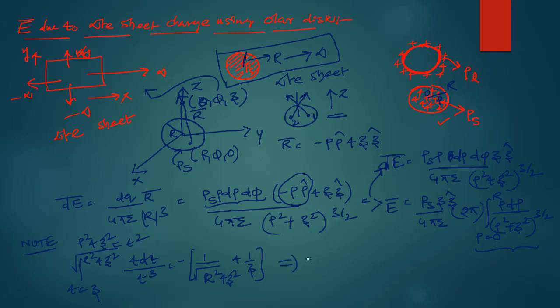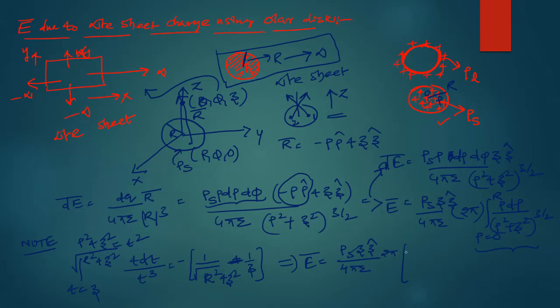Now the total electric field, if you want to write, rho s z z dash by 4 pi epsilon into 2 pi. Sorry, here it is minus the lower limit we have to substitute.